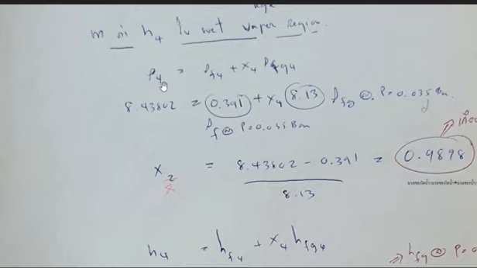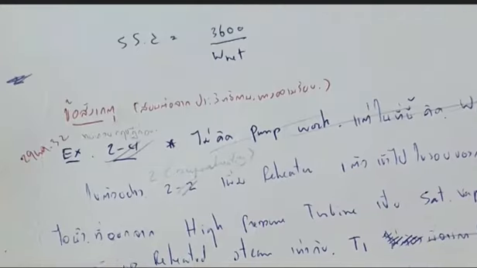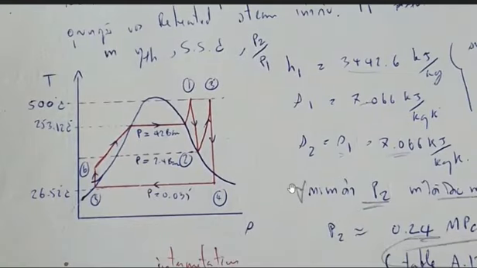For entropy, S4 will be equal to saturated entropy at point 4. Point 4 means point at pressure 0.035. If you go back to this picture, this is the pressure where the heat is dissipated to the environment, or you can call it condenser pressure.